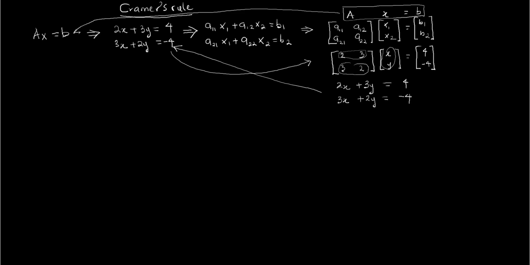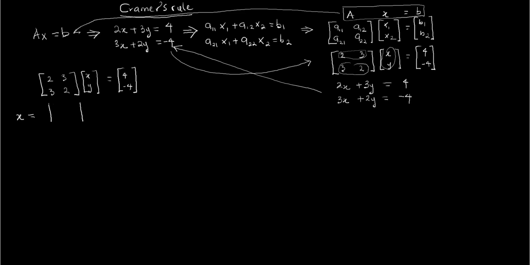Once you've represented these in matrix form, I'll rewrite it here. We have 2, 3, 3, 2, multiplied by x and y is equal to 4 and minus 4. Now to solve this using Cramer's rule, we're looking for the first variable x. We just find the determinant of the matrix, but this time the first column is replaced by the b values.